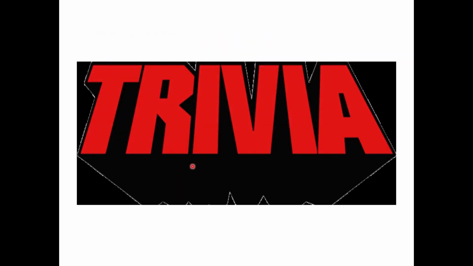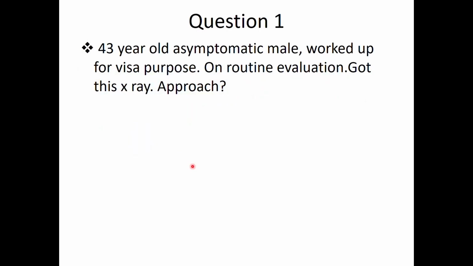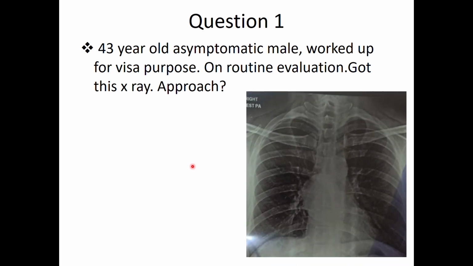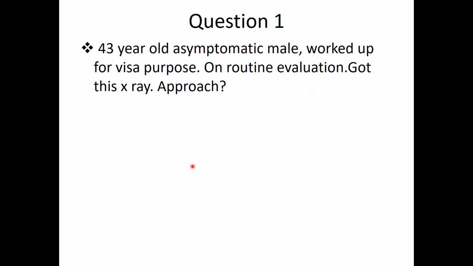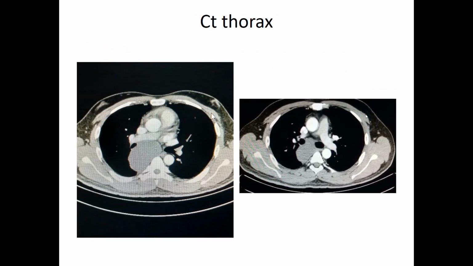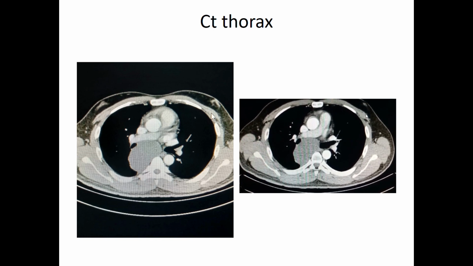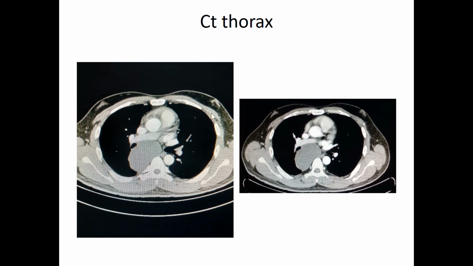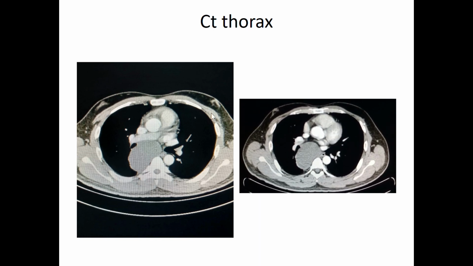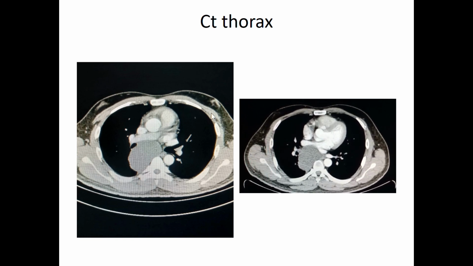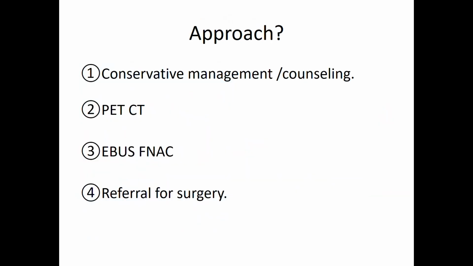So, now for the audience I will just ask two questions. Number 1, this is the first case, a 43-year-old asymptomatic male who is working up for a visa purpose. On routine evaluation got this chest X-ray, and this is the CT scan. So, what should we do?